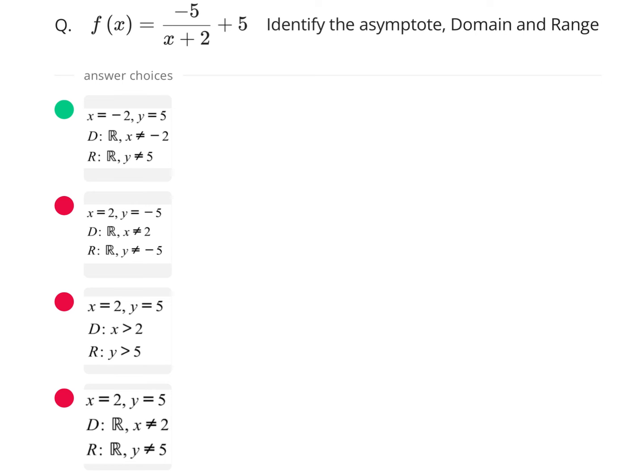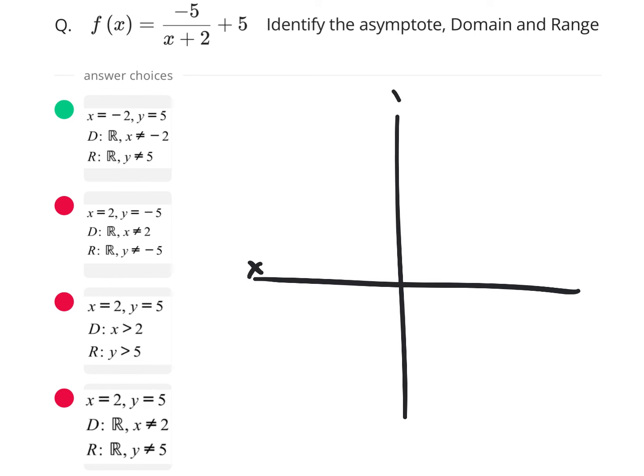But that's actually a waste of time if you think about it, because we know that an xy plane is right here, and we know that the asymptotes will be x equals h and y equals k.